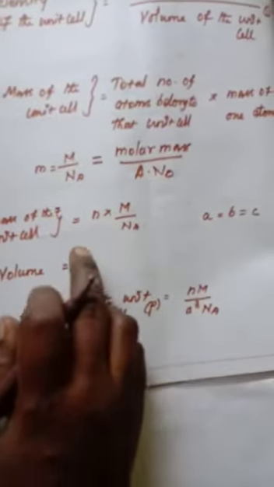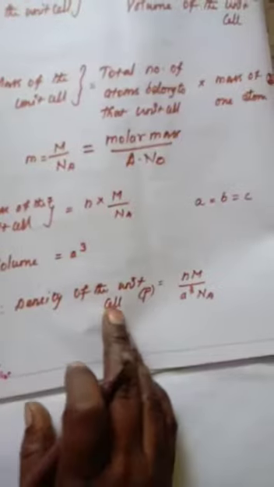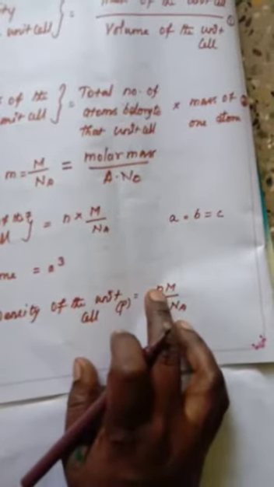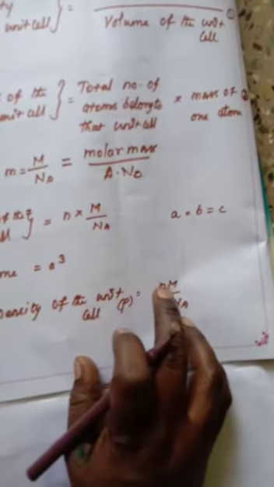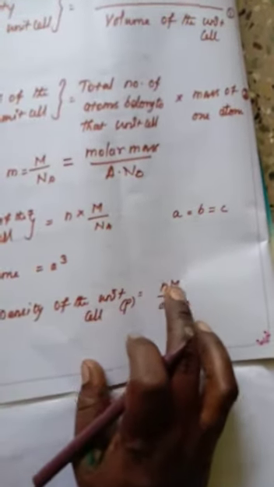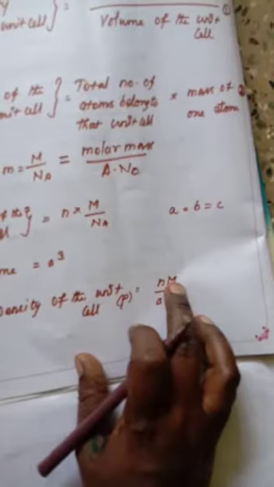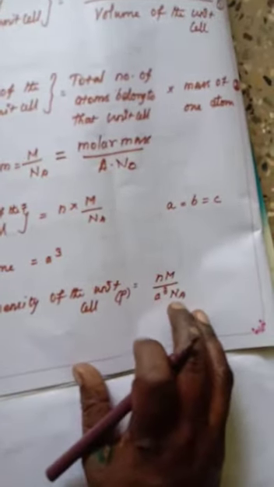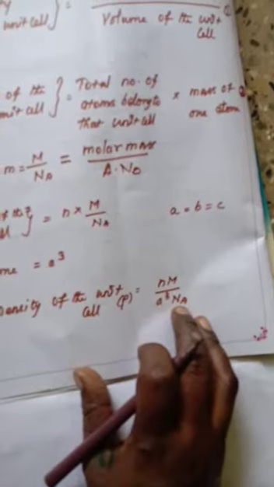Substituting, the density of the unit cell is n M divided by A cube Na, where n is the number of atoms in the unit cell, M is the molar mass of the crystal, A is the edge length of the unit cell, and Na is Avogadro number.